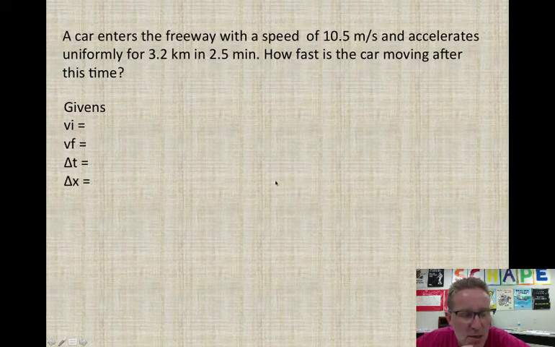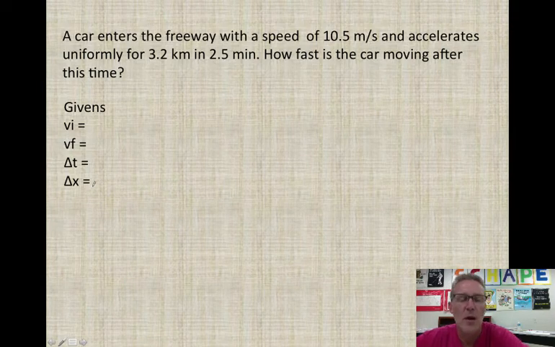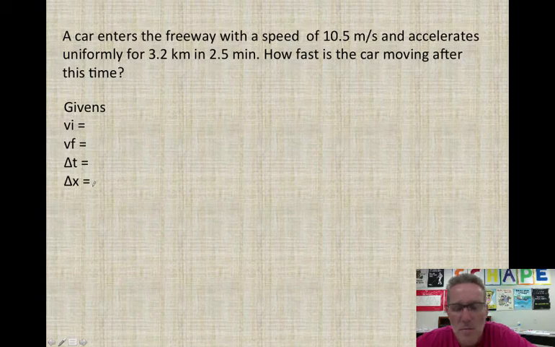So here's a case of that. So here we have a car. It's entering the freeway at the speed of 10.5 meters per second, and it's going to accelerate uniformly for 3.2 kilometers, and it's going to do this in 2.5 minutes.